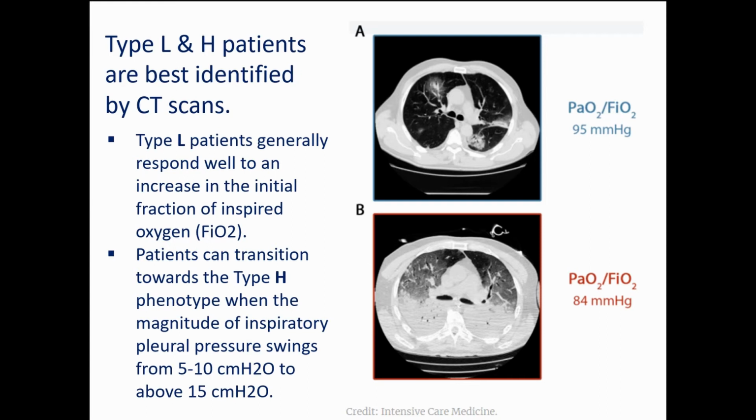But it is in H type where the gas exchange is severely impaired, and also by definition, the patient must have at least 15 centimeters of water. So you can see there's a huge difference in the CT scan of the L type, where you may have ground glass in the periphery, whereas in H type you have lungs full of fluid, and there is bilateral consolidation.